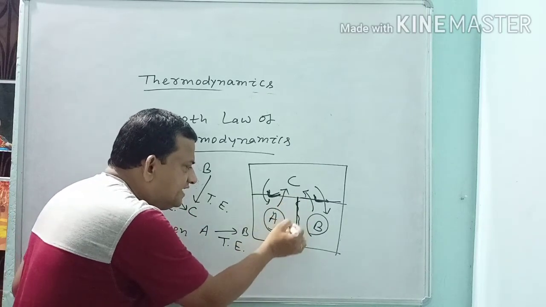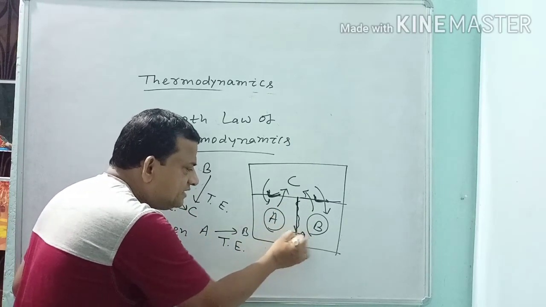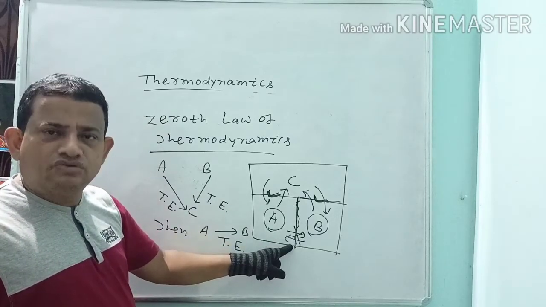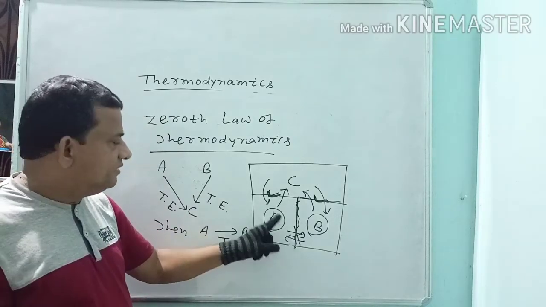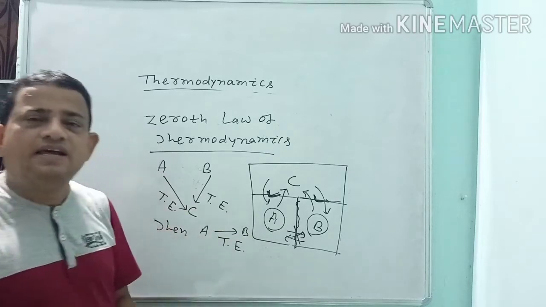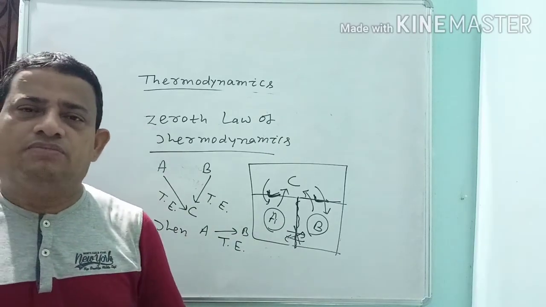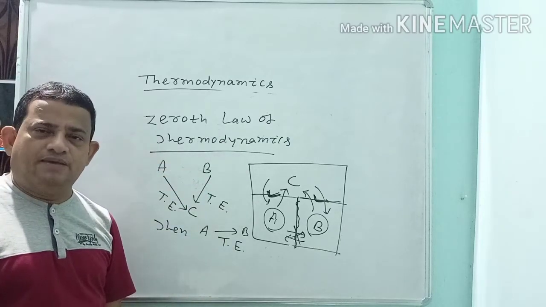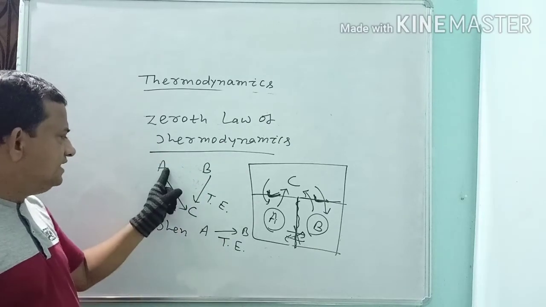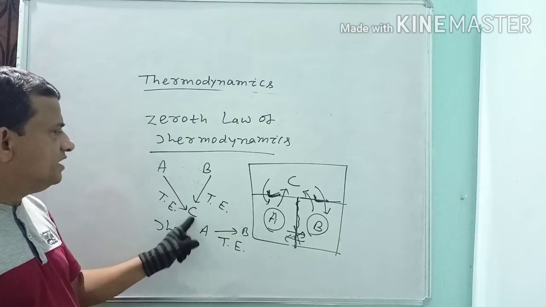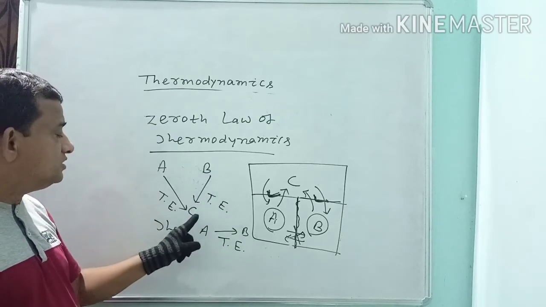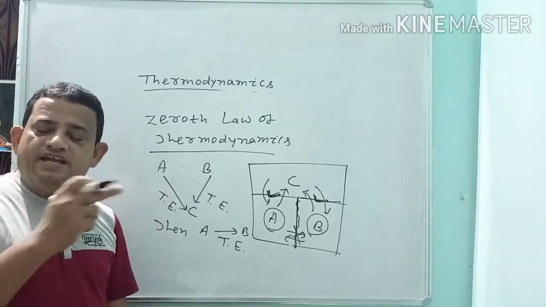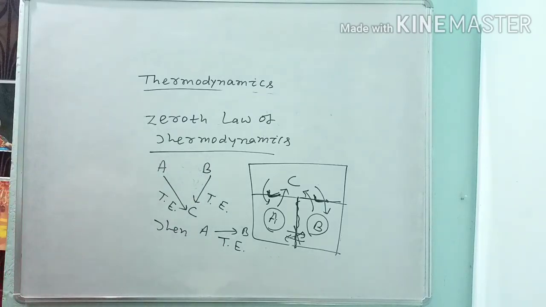There is no heat exchange between this and this, not possible due to the adiabatic or insulating wall, but they are in thermal equilibrium. This is the zeroth law of thermodynamics.